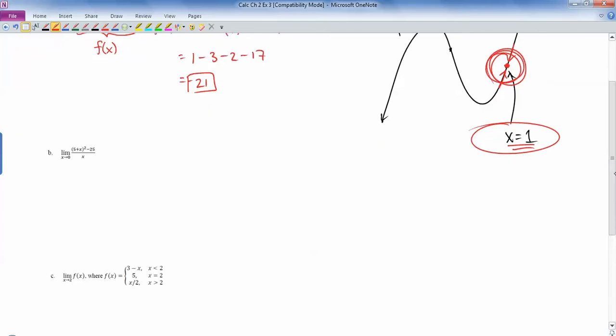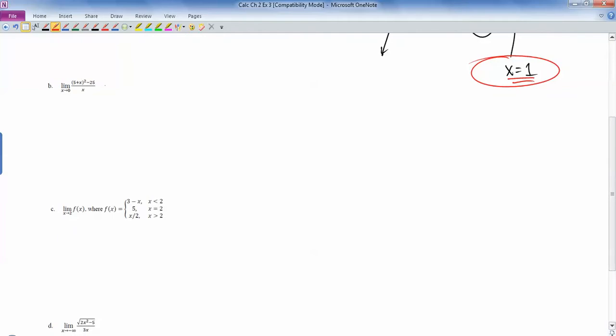This next one's a little bit trickier because in this one, we're looking for the limit as x goes to 0, but I can't just plug in 0 because it's in the denominator. So let's simplify the function itself. So this is the limit as x goes to 0 of, if I multiply out the top, I get 25 plus 10x plus x squared, and then minus 25 all over x.